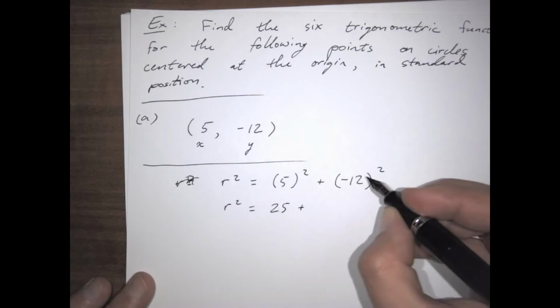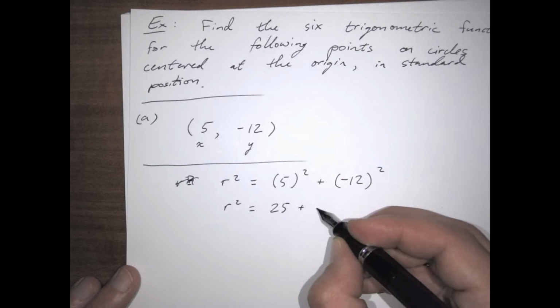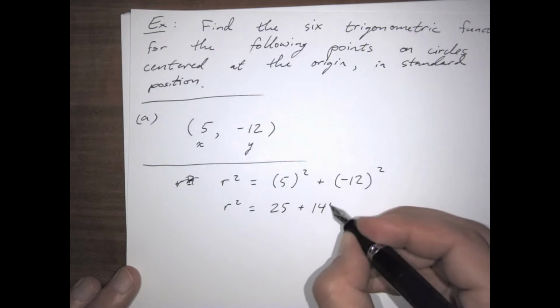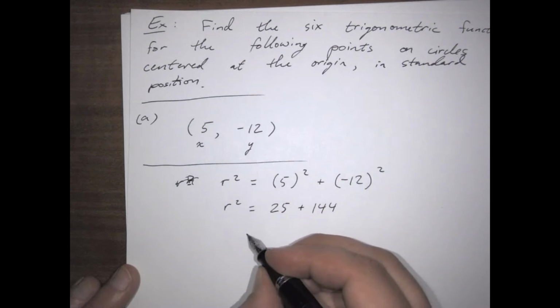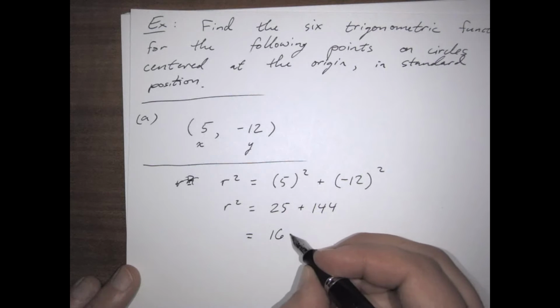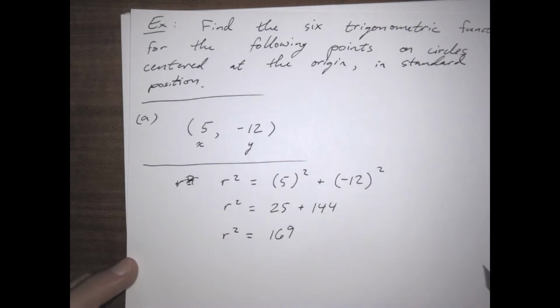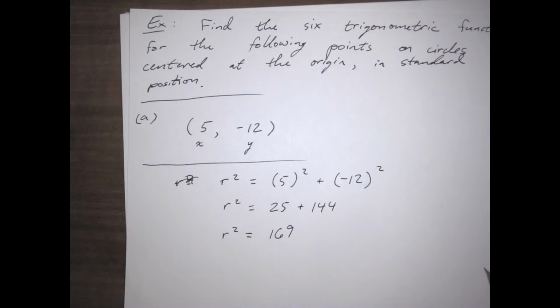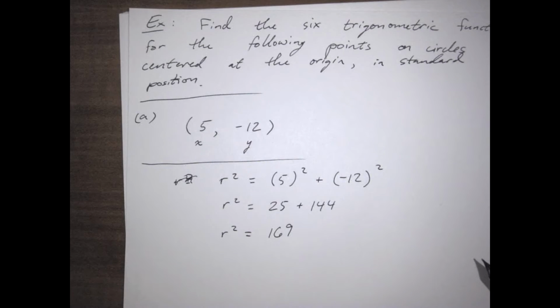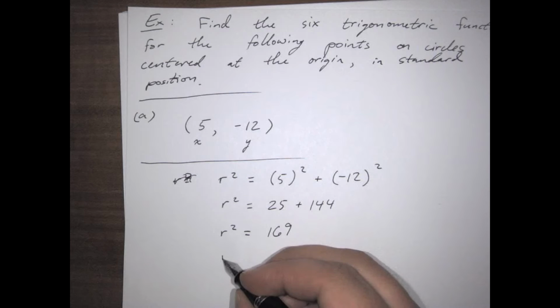25 plus, so when you square a negative, it doesn't stay negative, it becomes positive. So this is just going to be positive 144. And you add those up, it becomes 169.